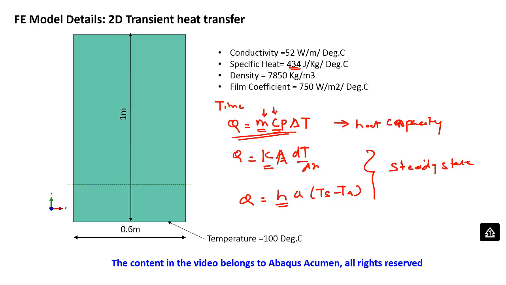Once you want to do a transient one, this is the additional one, the plus mCp delta T. Then you have to give specific heat, you have to give mass, and one more input will come, time: at what particular time you want to do this. It's like 1500 seconds we are going to do. So the same problem we will do, but as a 2D transient problem.